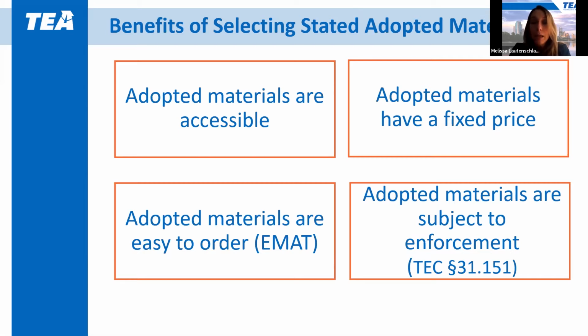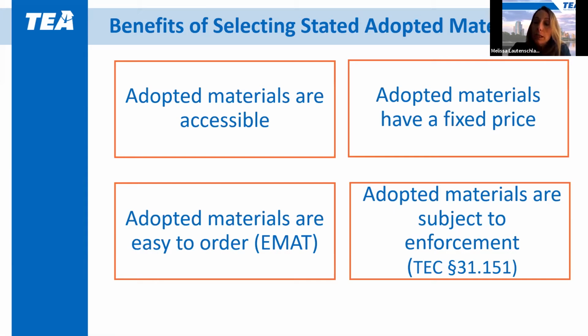They take all of that into consideration to determine if the product should go on to the adopted list. But I want to call out some additional benefits that I think are really important to be aware of for what makes purchasing something on the adopted list a benefit.